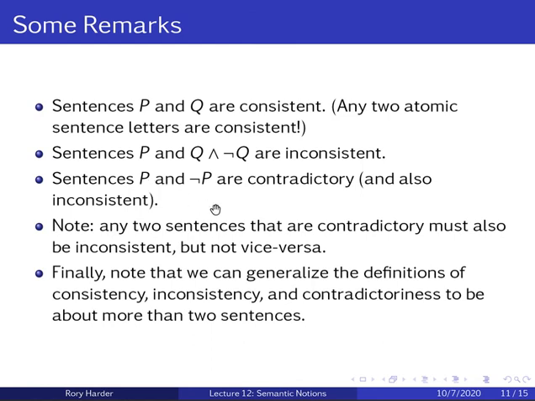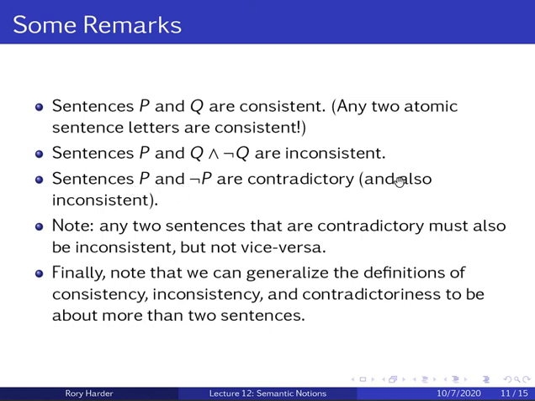Whenever P is true, not P is false, and whenever P is false, not P is true. So if we constructed truth tables and compared the truth tables for these sentences, we would see that they never have the same truth value on any row. So it's not just that P and not P are inconsistent, but furthermore, P and not P are contradictory. They never have the same value.